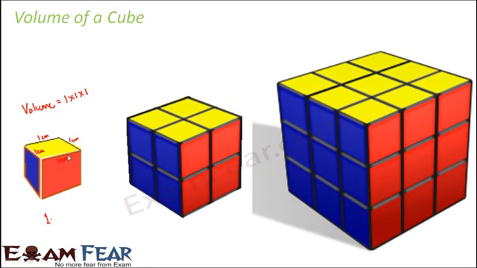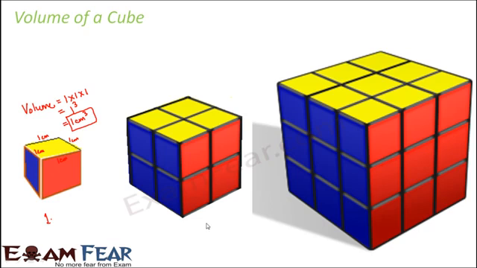For any cube, all the 3 sides would be equal. So the volume is 1, the length of each side, multiplied 3 times. When we multiply 1 three times, we can write it as 1 to the power 3, which is 1 cube, and that is equal to 1 centimeter cube. So the volume of this cube is 1 centimeter cube.